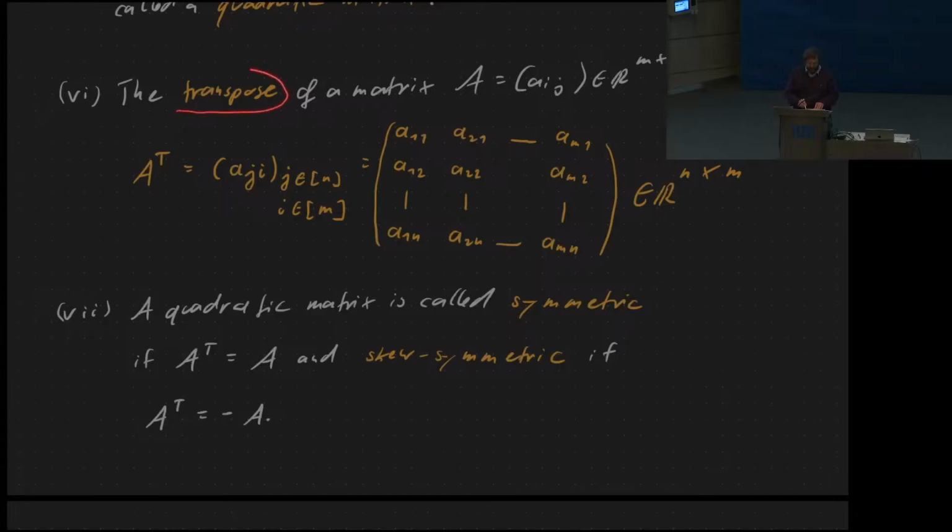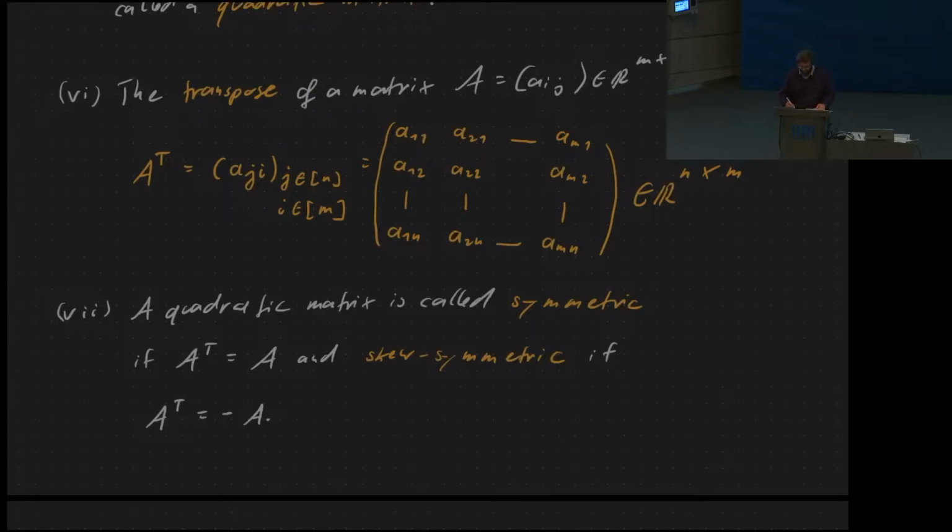You remember we defined a transpose for vectors already, right? That means the transpose of a column vector is just the row vector, the transpose of a row vector is the column vector, so you just interchange rows and columns. And you can do the same for a matrix. If you want the transpose of a matrix, you just take all the rows, write them as columns, or vice versa. And that's the transpose of a matrix.